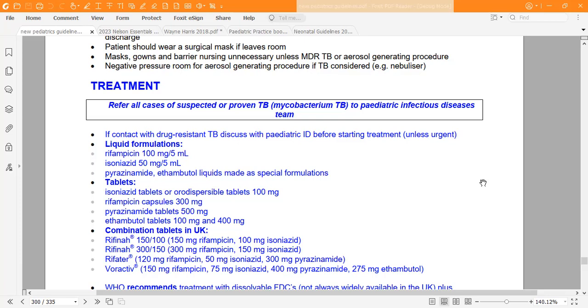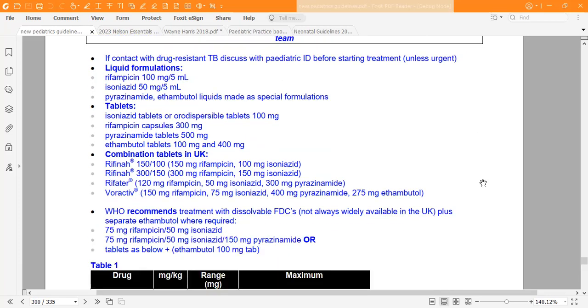Combination tablets in the UK, so that's very helpful. The combination tablets, we have Rifinah, a combination between rifampicin and isoniazid. That's 150 and 100. Another combination, rifampicin and isoniazid, 300 and 150.